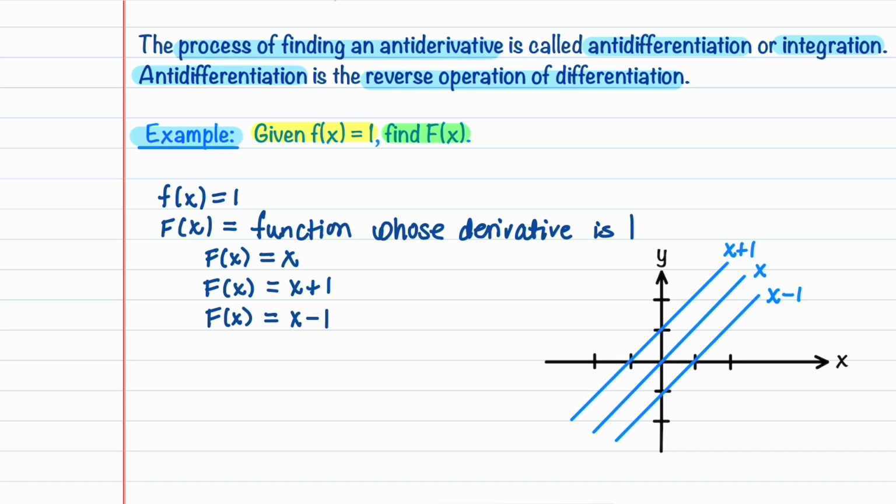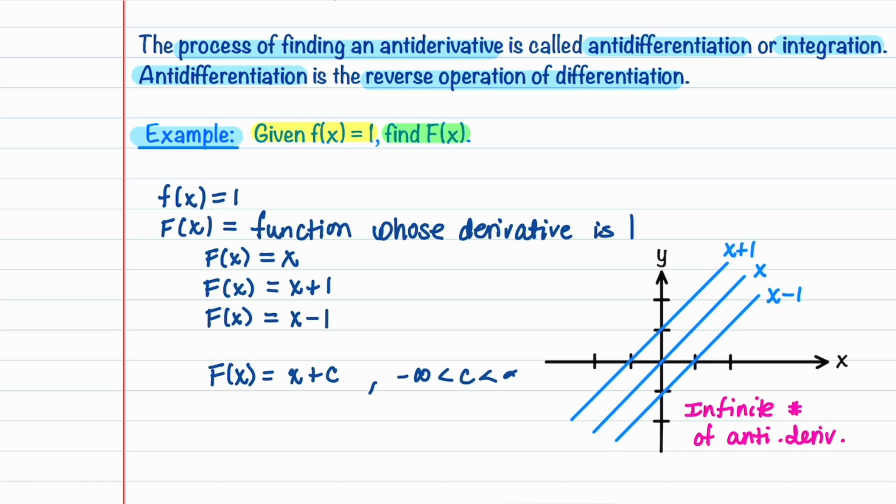There are actually an infinite number of antiderivatives, and they all differ by a constant. Instead of specifying the constant, we can say that capital F of x is equal to x plus c, where c is a constant that ranges between minus infinity and infinity.